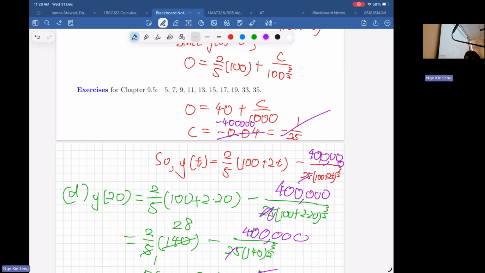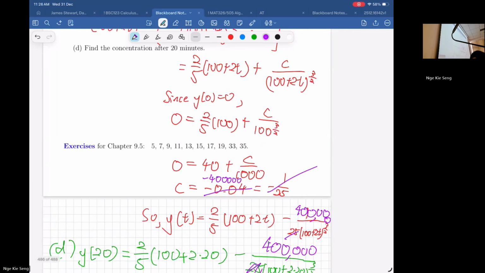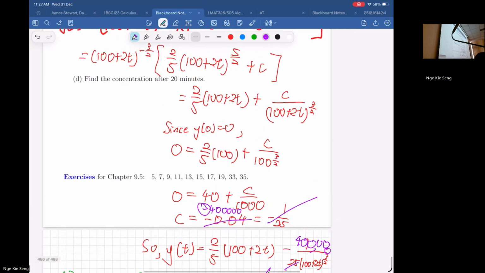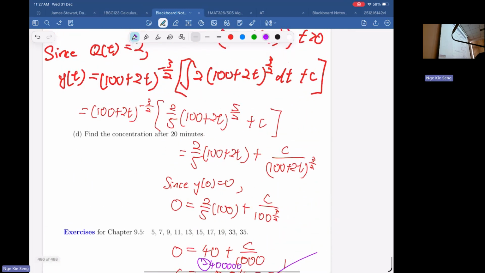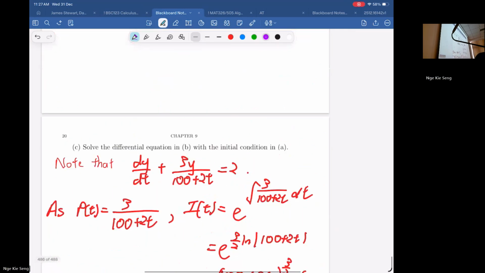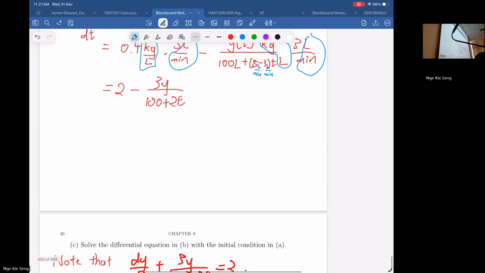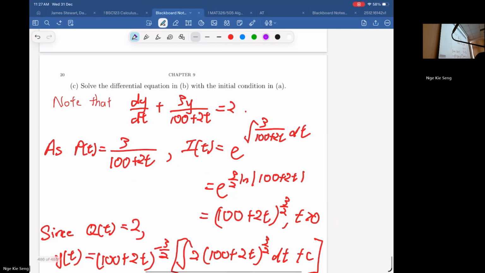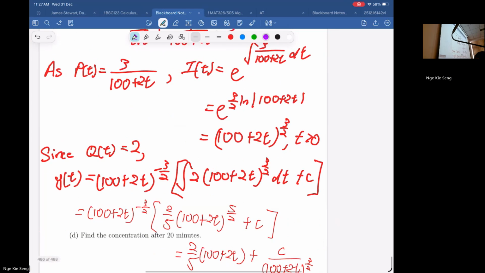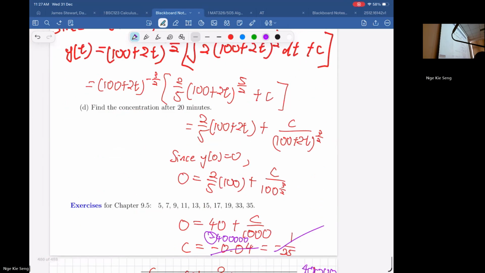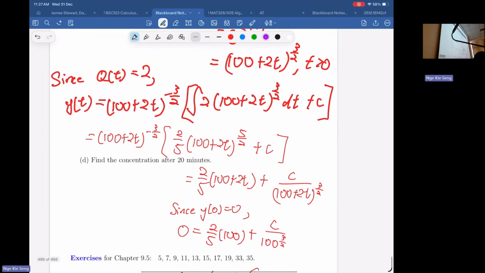What's wrong here? Let's see. This minus sign looks very suspicious. Are we doing the right thing? Did we miss any sign?